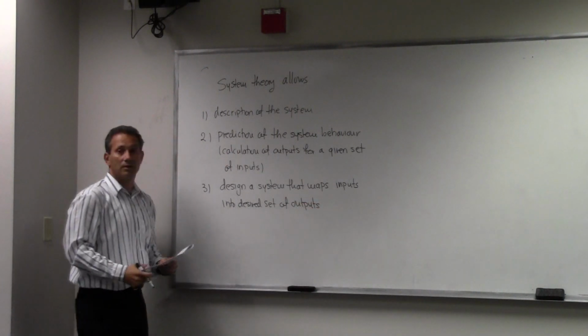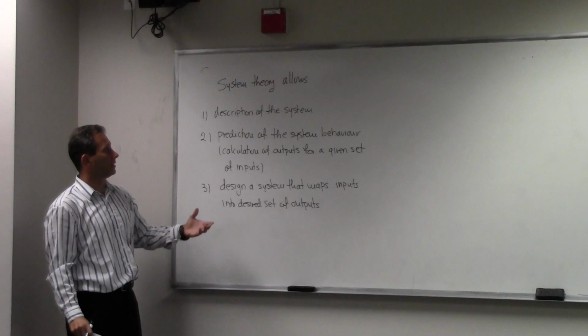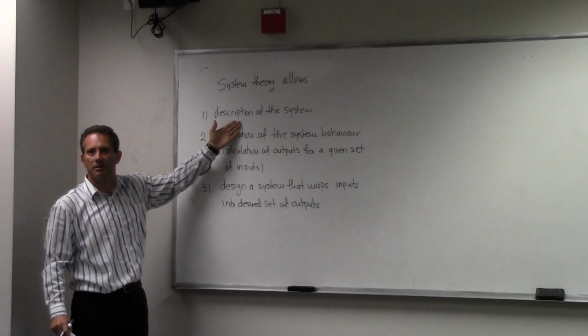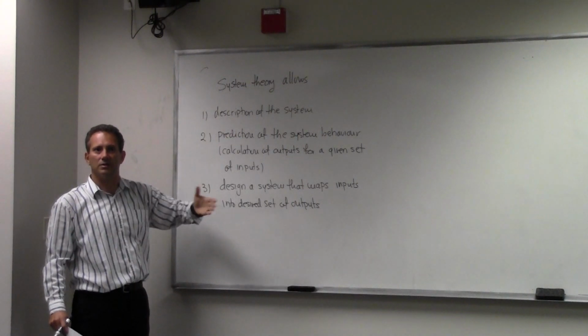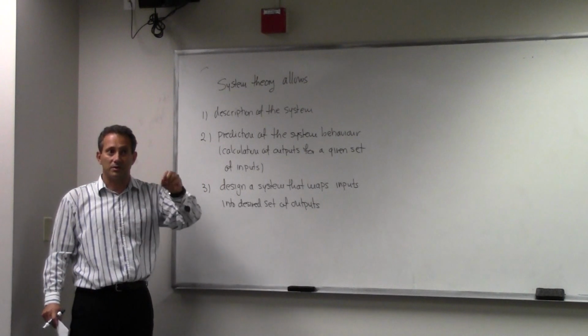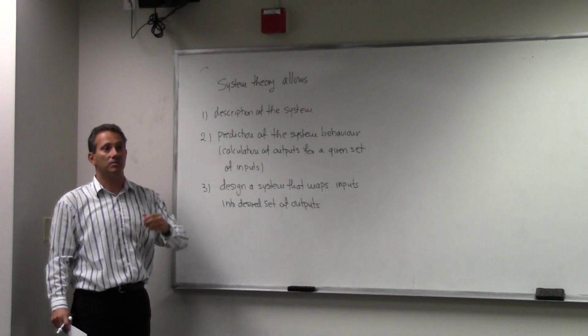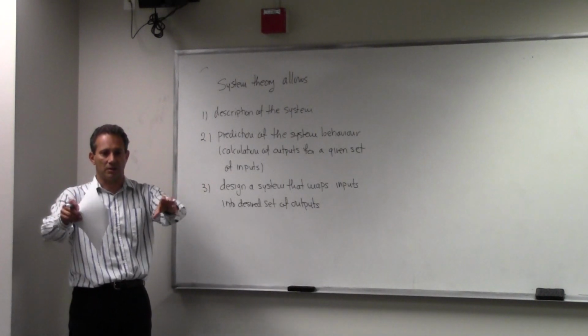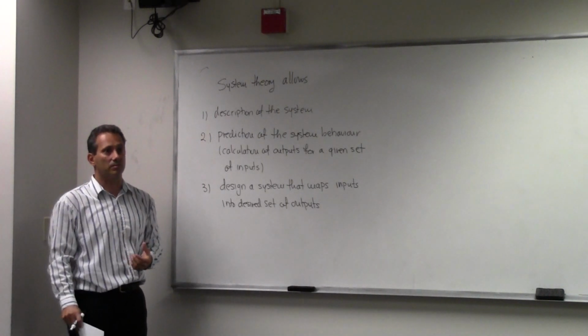We all have an electrical engineering background, so these are all familiar to us. Description of the system is our circuit, right? I draw a circuit. This is a model of the system. I put a symbol for a resistor. It may be a resistor, maybe a wire, maybe whatever physical entity, but I take this circuit and abstract it as a circuit model.